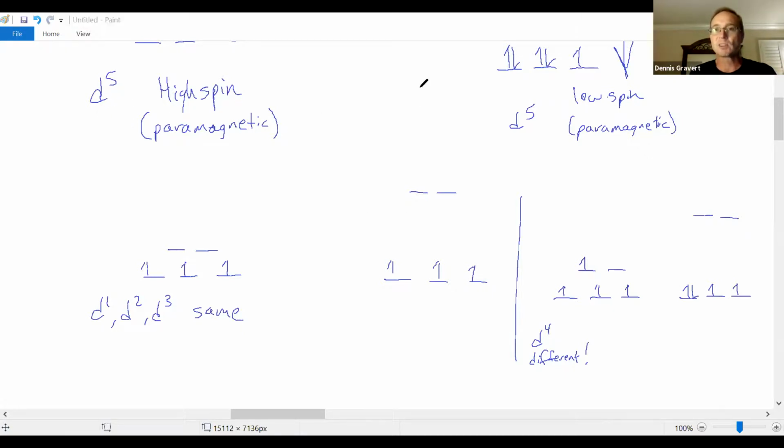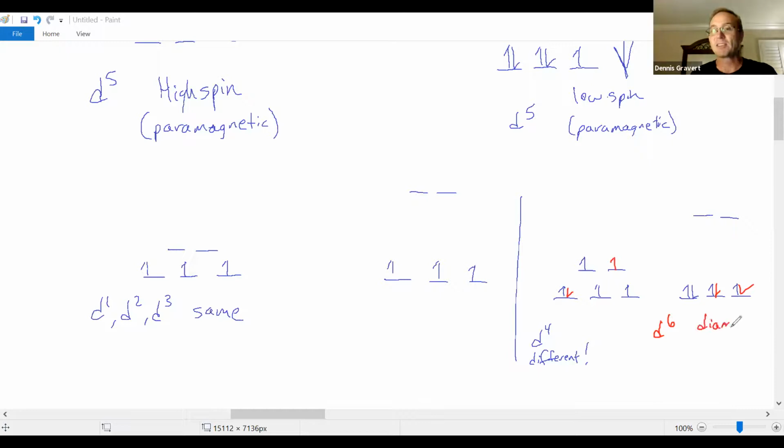Can I just switch to a different color? Okay, there's D5, D5. If we do D6, that's D6, and they're different. Is this compound paramagnetic or diamagnetic? Well, that's supposed to be an upside down arrow. There's nobody unpaired.